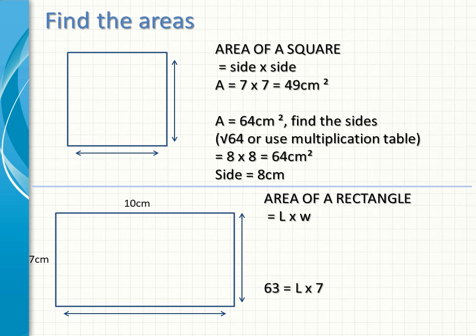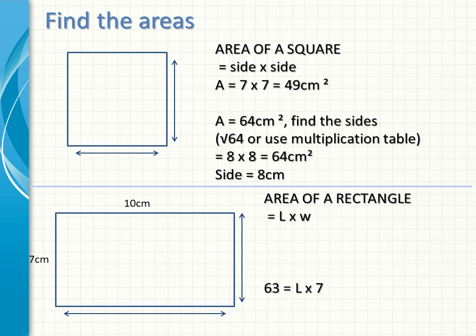When you multiply the length by the width, you will find the area of a rectangle. For this rectangle, our length is 10 centimeter, and if the length is 10 centimeter up, it is 10 centimeter down as well, because we have two lengths. The same thing applies for the width.